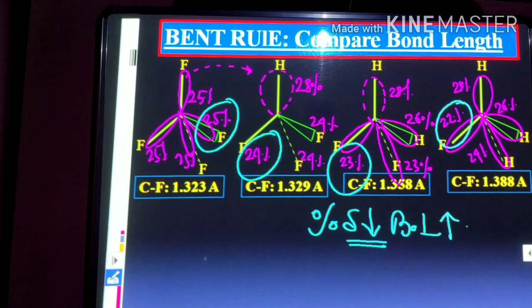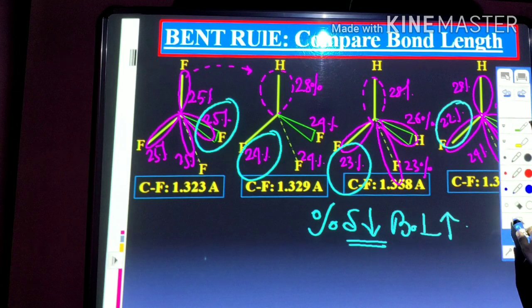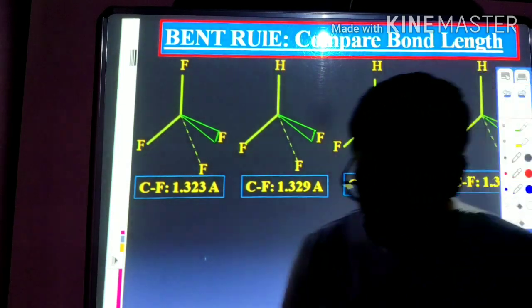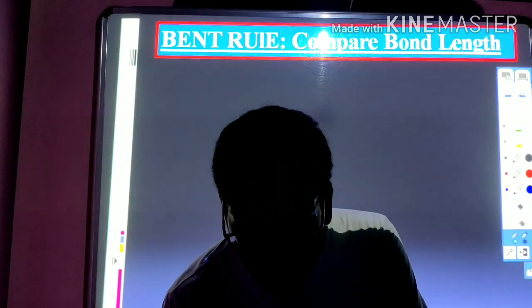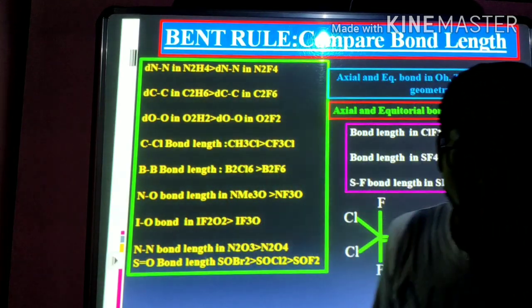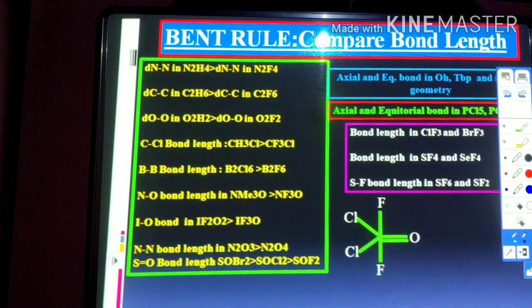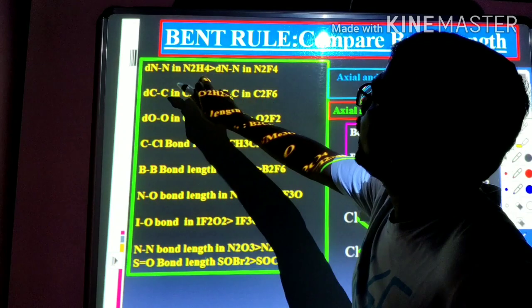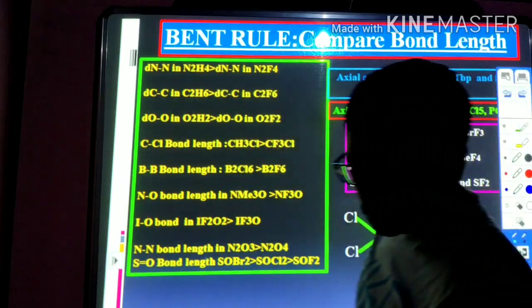Okay, no problem. Now, next, move to here. I'll show you the change in bond length in NH4 and NF4.